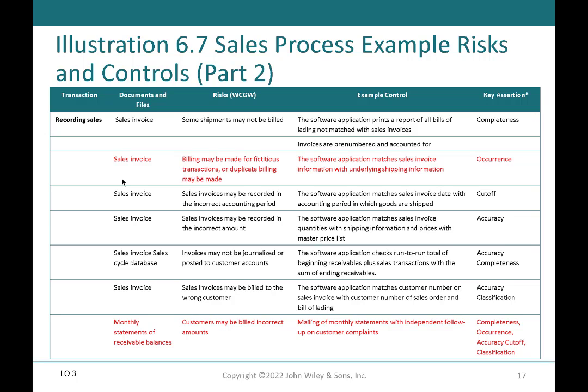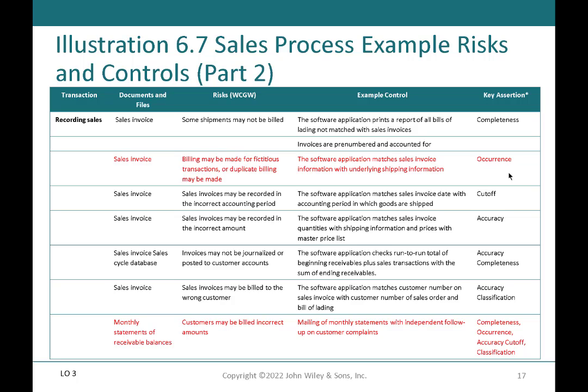So one control we could put in place to try to prevent this from happening is having software applications that match the sales invoice information with all that underlying shipping information. So if we have 10 units of goods going out, there should be a sales invoice for 10 units being sent off to that customer. So that sales invoice is going to be the document we're going to want to look at when we're trying to test that particular control. And notice that's testing the occurrence assertion on the part of management. Did this sale actually happen?